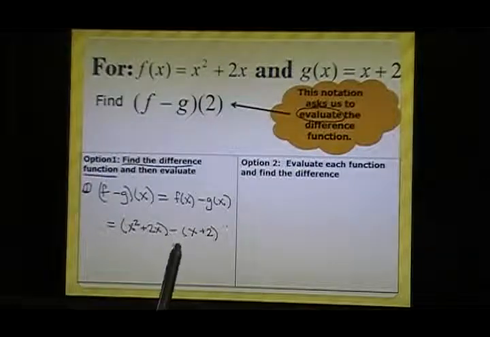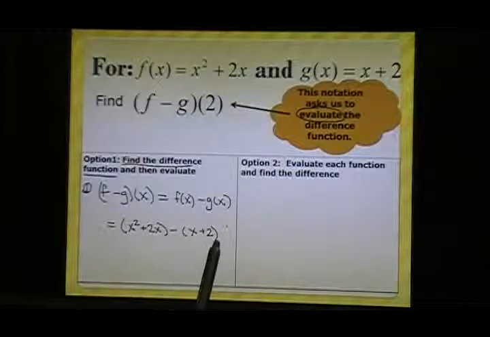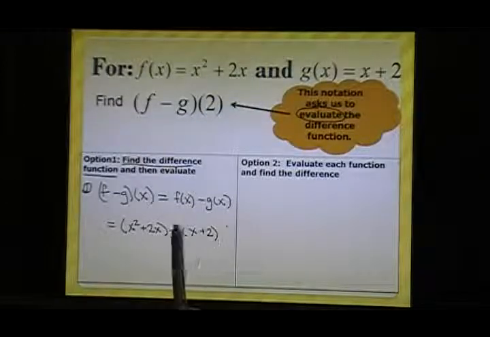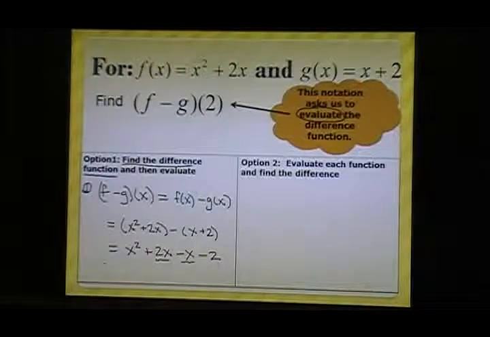When we're subtracting polynomials, it is important that we subtract every term in the second polynomial. So I have to subtract the x and I have to subtract the 2. So this would be x squared plus 2x minus x minus 2. Combining like terms, we get that our difference function, f minus g, is x squared plus x minus 2.